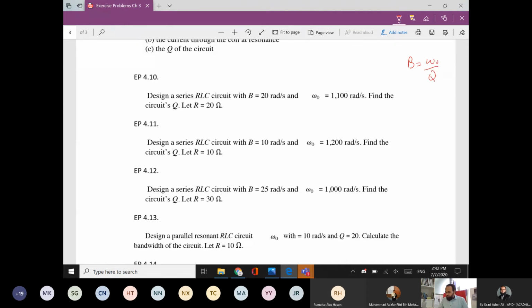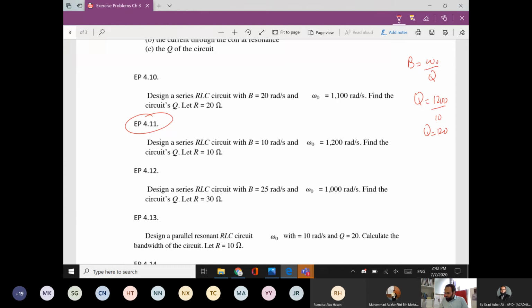All right. So let me take which one? Probably anyone. I'm taking this one because it's easier. So Q is 1200 divided by 10. So Q is 120. Remember, Q has no unit because it's a ratio.